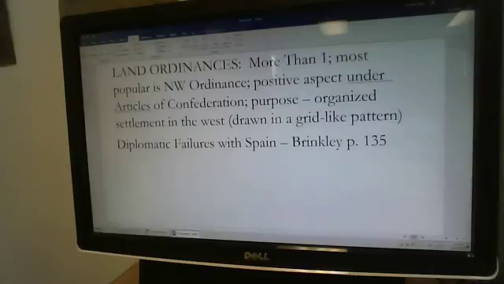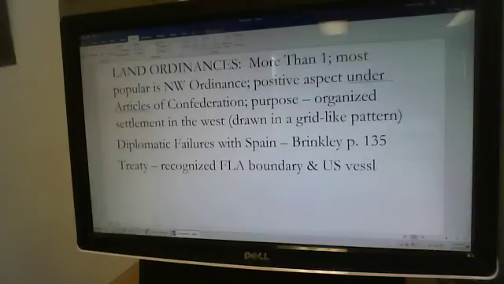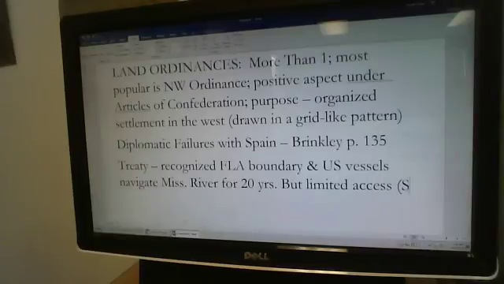There's a treaty that recognized the Florida boundary in exchange for U.S. vessels navigating the Mississippi River for 20 years. You don't really need to know 20 years, but there's that. But southern states were incensed at the idea of giving up their access to the Mississippi. So it was limited access, and southern states are upset.